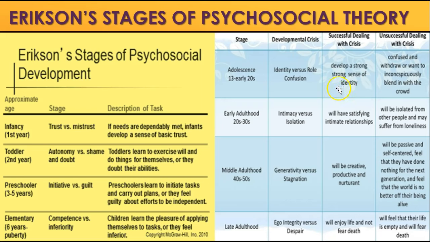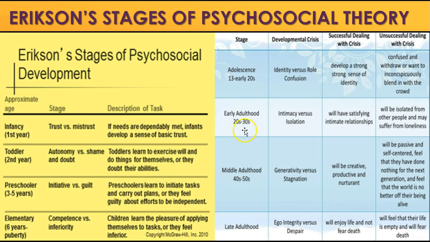They want to belong. And if they are not successful with dealing with this crisis, they become confused, they withdraw, and they don't want to blend in with the crowd. So this is very critical too. This is the adolescent stage, identity versus role confusion.